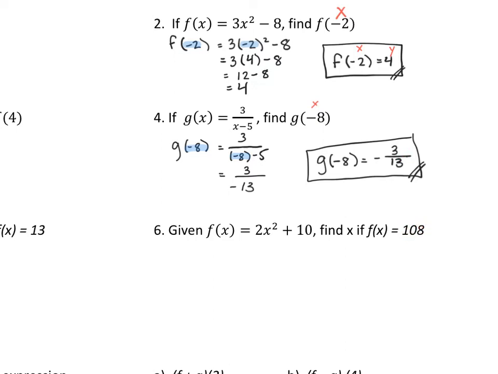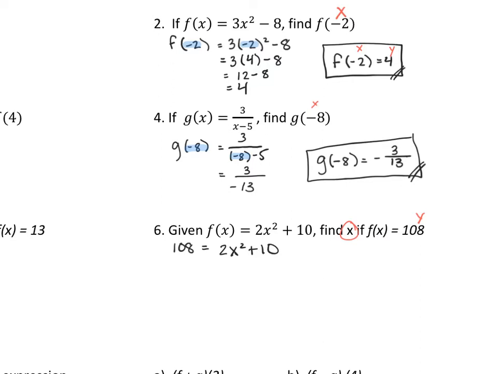So in this case, our 108, that's our y value, and we're looking for our x. So we're going to have to set up 2 equations equal to each other and solve from there. So instead of saying g of negative 8 or f of negative 2, we're just going to say 108 is equal to 2x squared plus 10.